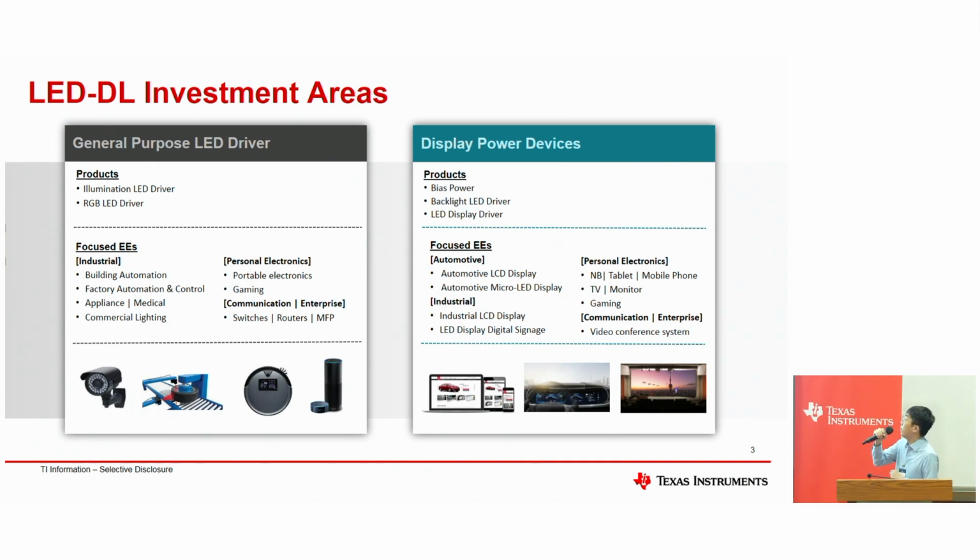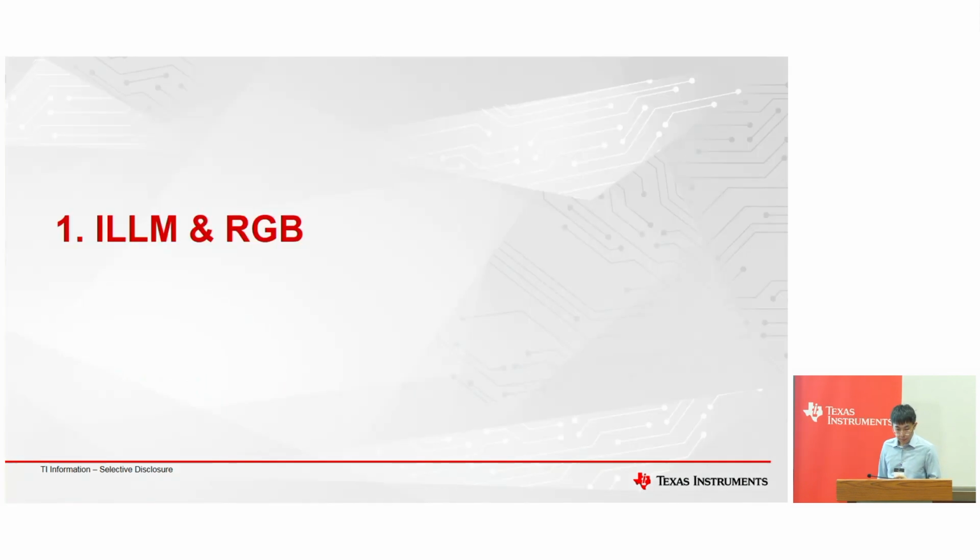And we also have the LED display drivers, like the picture down below. You can usually see this kind of large screen for commercial purposes in shopping malls or traffic stations. Those 1 dot for 1 pixel displays are for the LED display drivers.